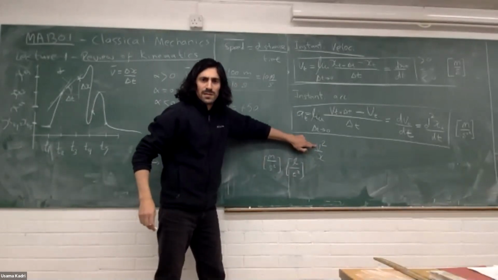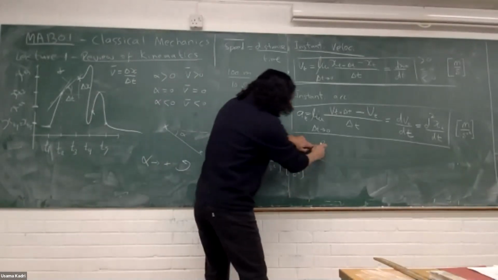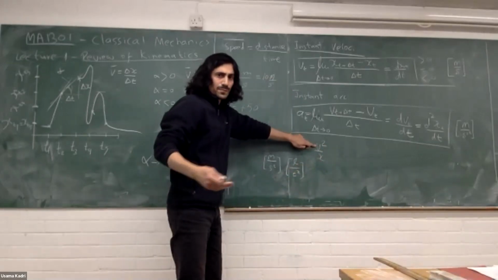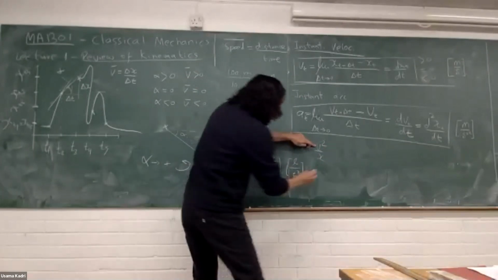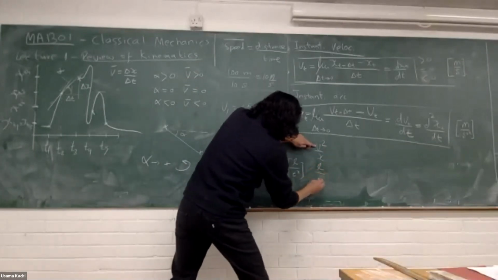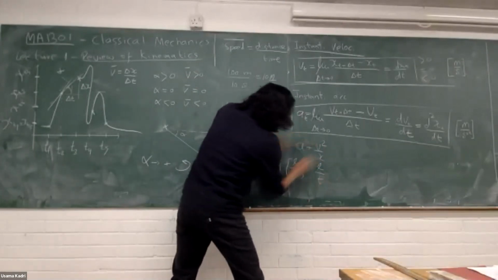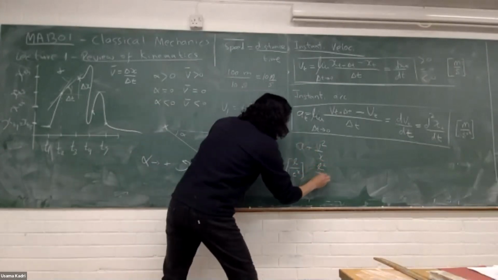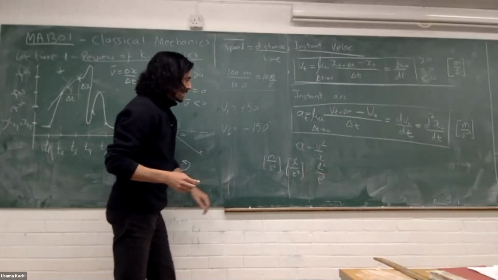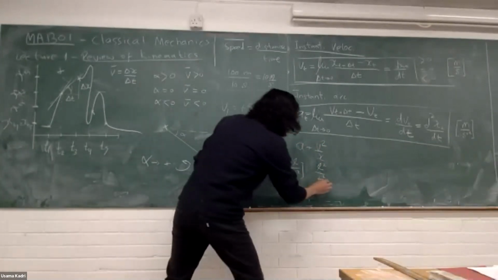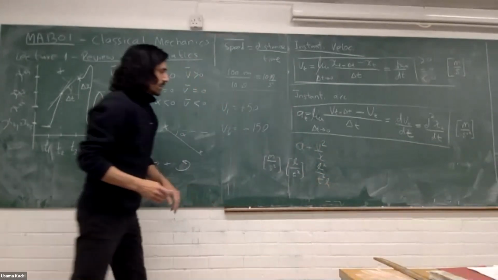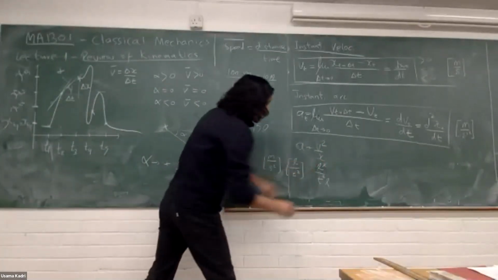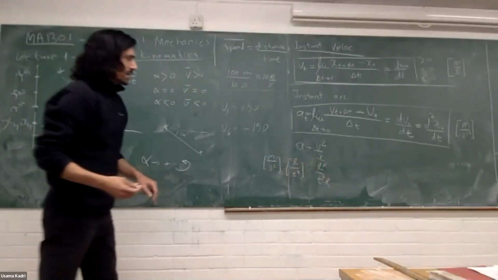Now I look here. I say, does this make sense? Let's see. This is the velocity. Velocity has units of length per time. So it's length divided by time, but it's squared. So it's length squared divided by t squared. And I divide by x, which is length. Now I see that I get length over t squared.